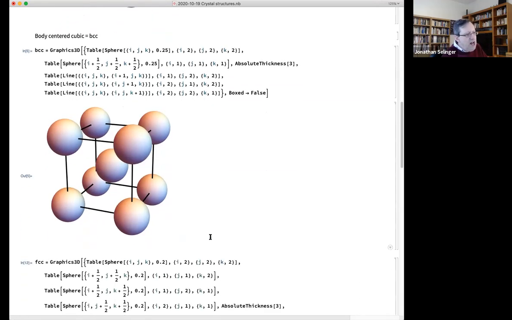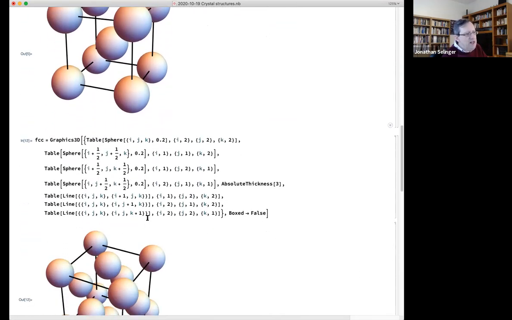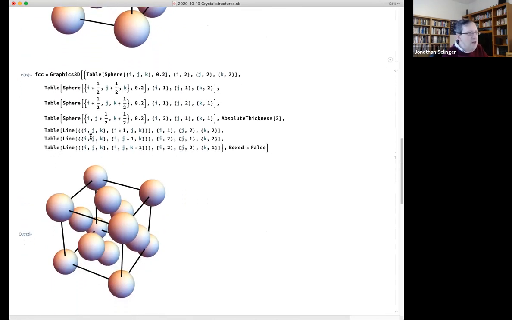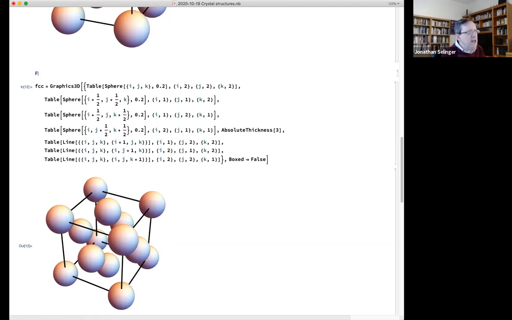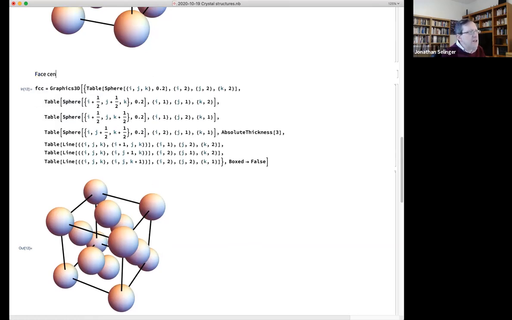And then one other variation is this one, which is called the face-centered cubic, commonly abbreviated as FCC. So this is a lattice where you have these 8 atoms at the corners of a cube, and then you also have an extra atom in the middle of every face of the cube, right?